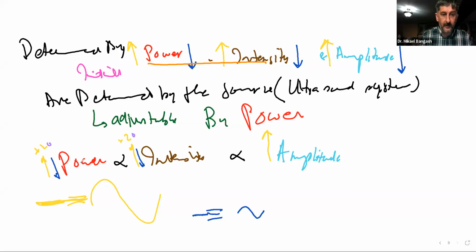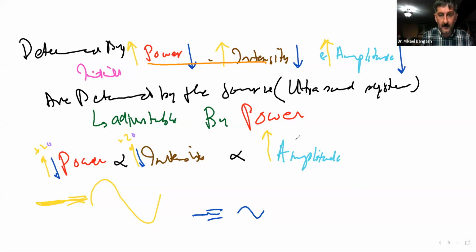Okay, girls, now comes the nightmare. Now comes the real nightmare. Not really a nightmare. I'm going to try to make it as simple as possible. So what we have said is, when power increases, intensity increases, and when intensity increases, amplitude increases.